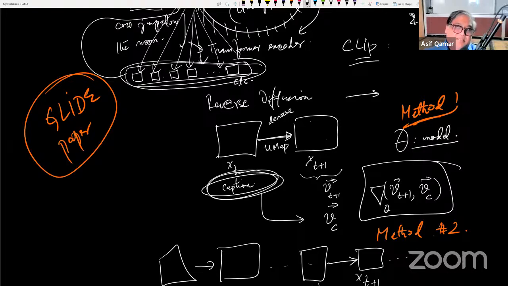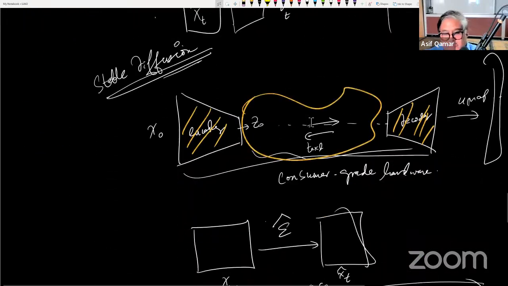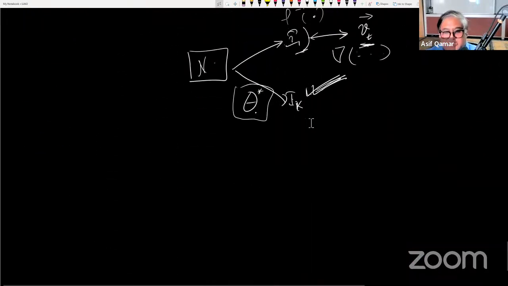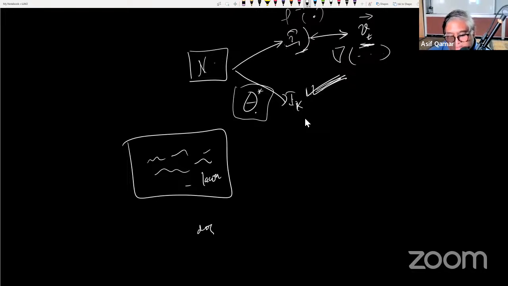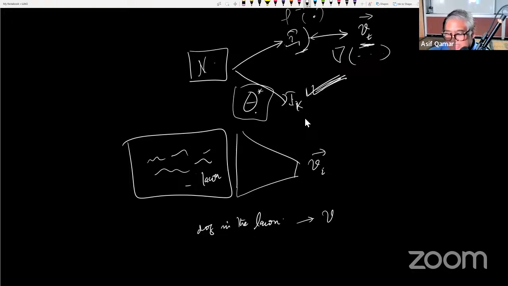Oh, yeah, inpainting is slightly more interesting. Think about it this way. Suppose you give it a lawn. All you see is green grass growing, right? And now you say a dog in the lawn. Now think about the encoding of this image vector and this text vector: there would be a substantial gradient between these two, right? This is all at inference time.